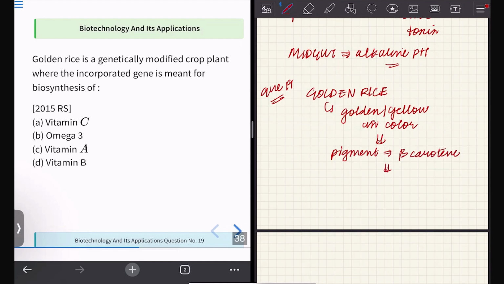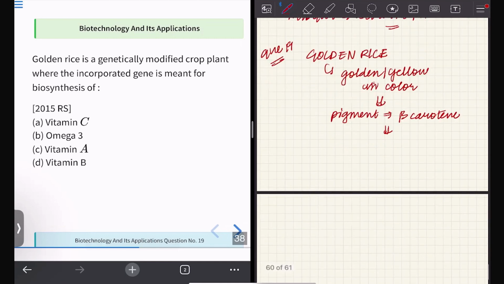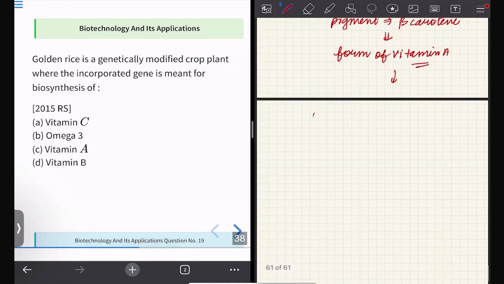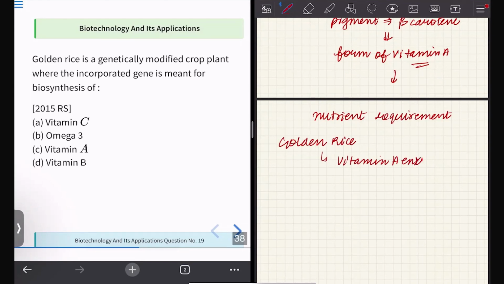This pigment beta carotene is a form of vitamin A. Okay, so this vitamin A is necessary for our nutrient requirement. So golden rice is a vitamin A enriched variety. Okay, vitamin A enriched transgenic variety.